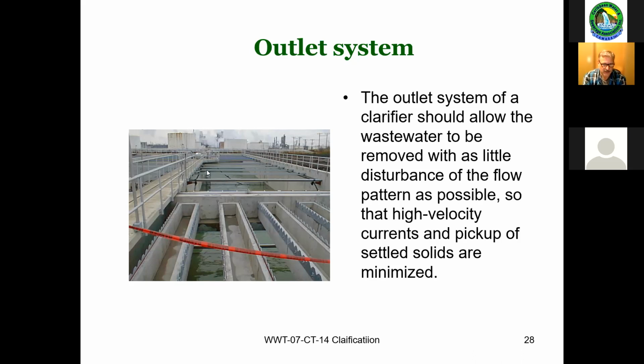Scum's removed on top, the chain comes around, the flights move to the bottom and drag the sludge to the other end. There's your scum trough, typically operated manually at least once a day to remove the scum. Flow travels under this wall and then over the sawtooth weir, and this would be your effluent channel going to your biological tank.